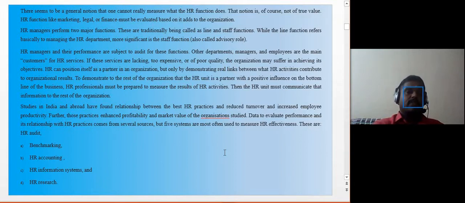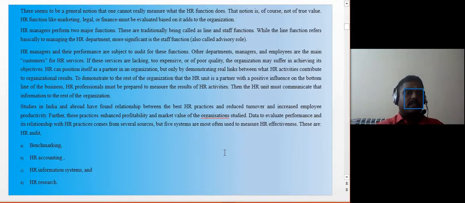The human resource managers and their performance are subject to audit for these functions, and other departmental managers and employees are the main customers for the HR services. If these services are lacking, too expensive, or of poor quality, the organization may suffer in achieving its objectives.